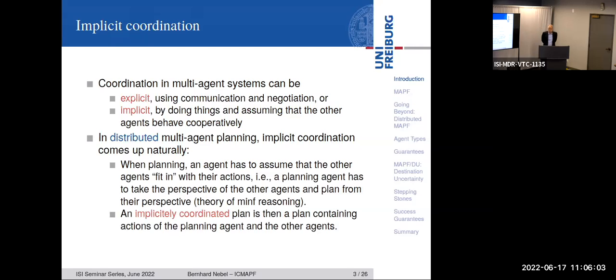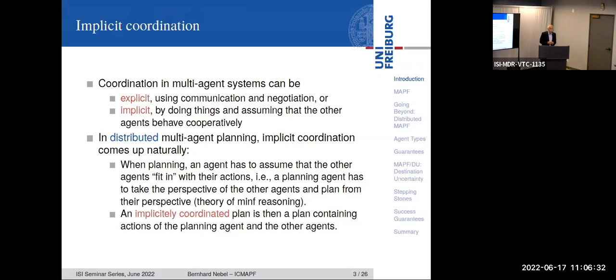And this kind of implicit coordination comes up very naturally when you do distributed multi-agent planning. Well, it means you have all your agents and then they start to plan what they are going to do. And by doing so, they make assumptions about what the other agents could do. And when they don't want to communicate, well, they just make the assumptions and then they start to act.